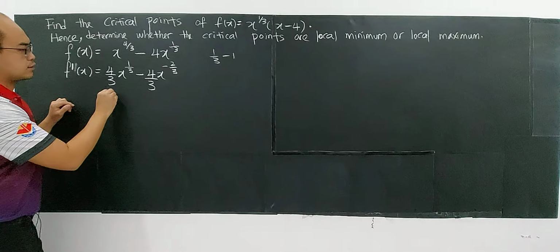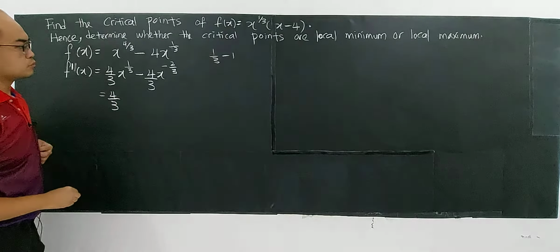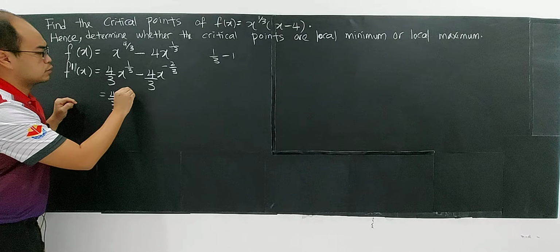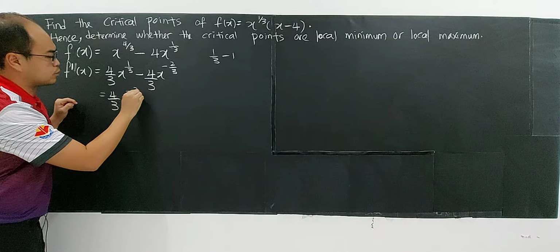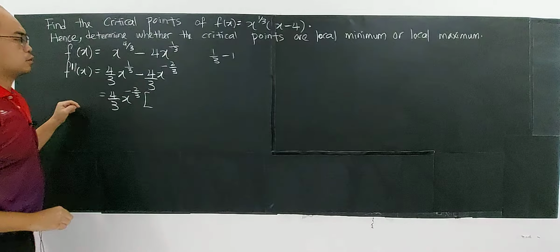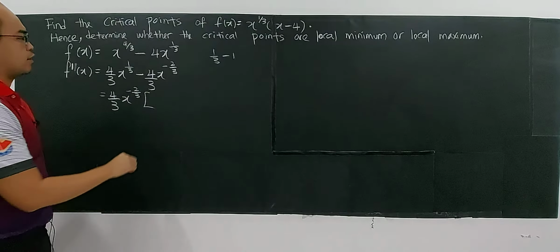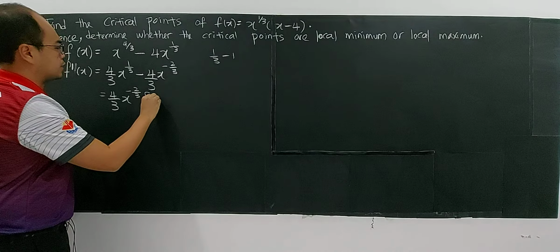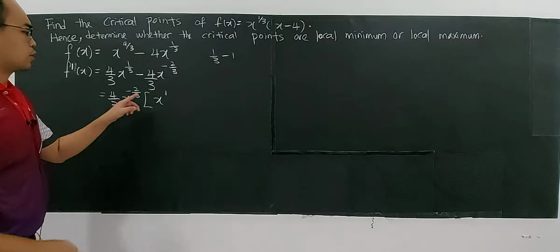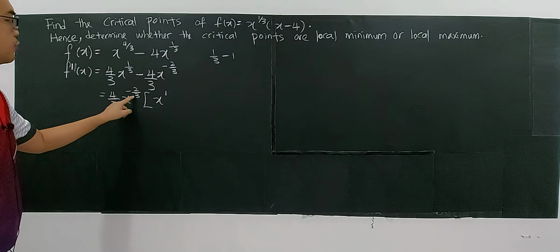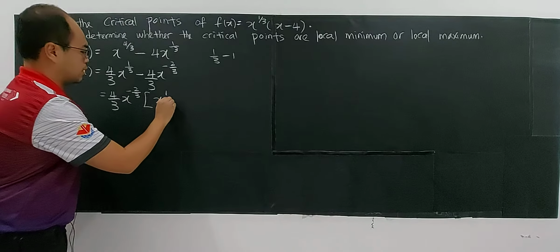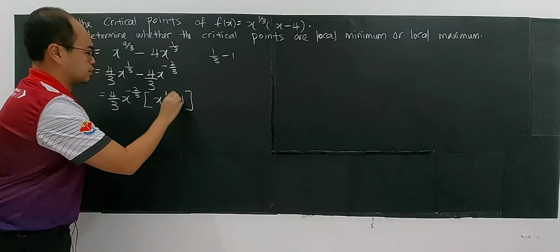So I'm going to factorize out 4/3 and x to the power of negative 2/3. If I factorize x to the power of negative 2/3 here, the first term must be written as x to the power 1, because 1 plus negative 2/3 gives 1/3, minus 1.